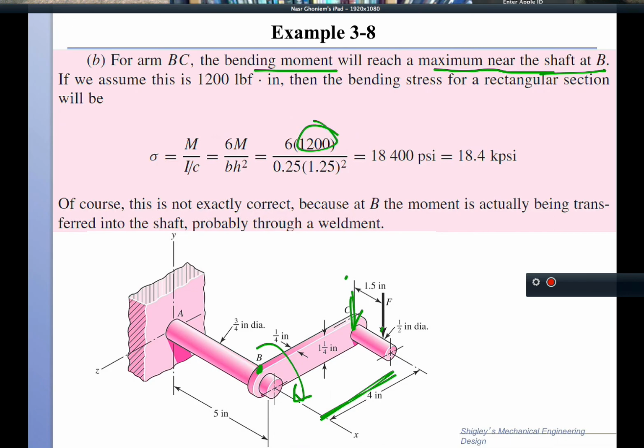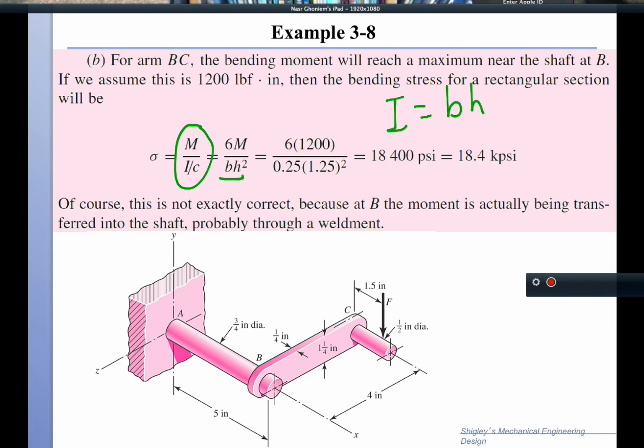So the moment is going to cause a stress, and the stress is M over I times C. So M over I over C is BH. We know that I is equal to BH cubed over 12, and C is half of H. So with that, it comes out to be BH squared, and then you get half of that, you get 6 in here.